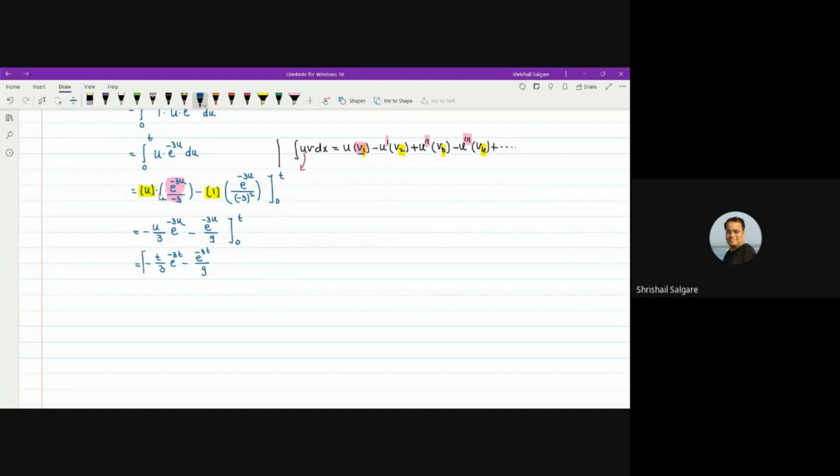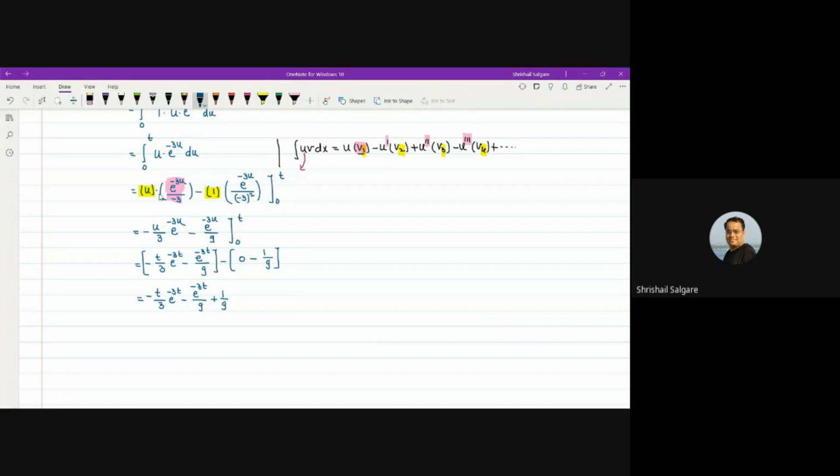This is the evaluation at the upper limit. The lower limit you have to subtract. When you substitute u equal to 0, the first term becomes 0, and minus anything raised to 0 is 1, so it becomes 1 by 9. After simplification, the answer is minus t by 3 e to the power minus 3t minus e to the power minus 3t divided by 9, and the last term's minus becomes plus.